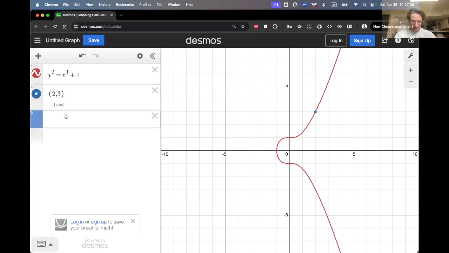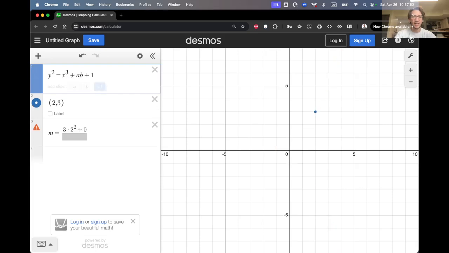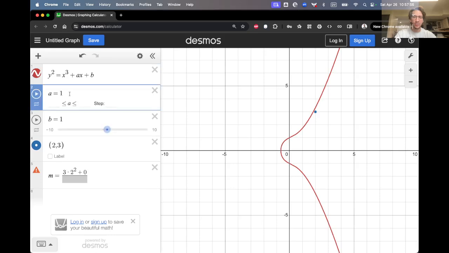Okay, so I compute m equals 3 times x1, which is 2, so 2 squared, plus a, which is 0 here, right? If I do plus ax plus b, then in order to get x cubed just plus 1, we have to have a be 0.